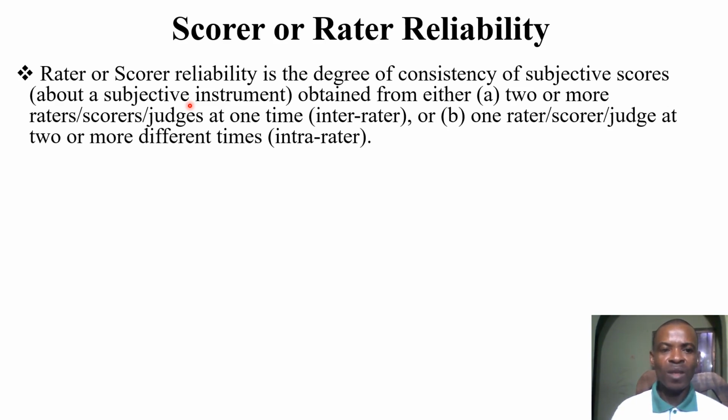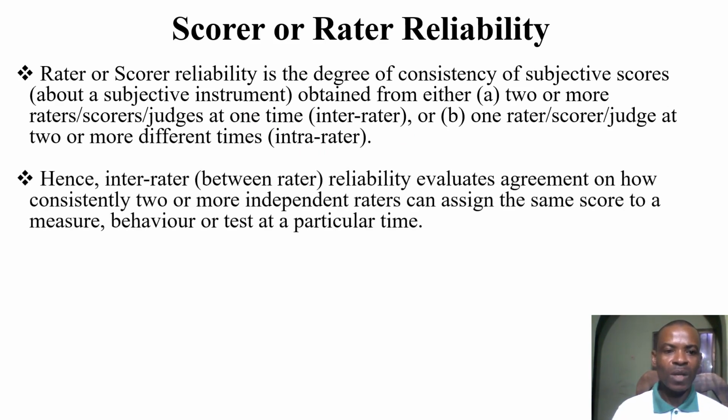Even when we score students on an essay test, it is a subjective score. The test itself is a subjective instrument. So take note, we have two types of scorer or rater reliability: the inter-rater reliability and the intra-rater reliability. Let's discuss the two types as quickly as possible.